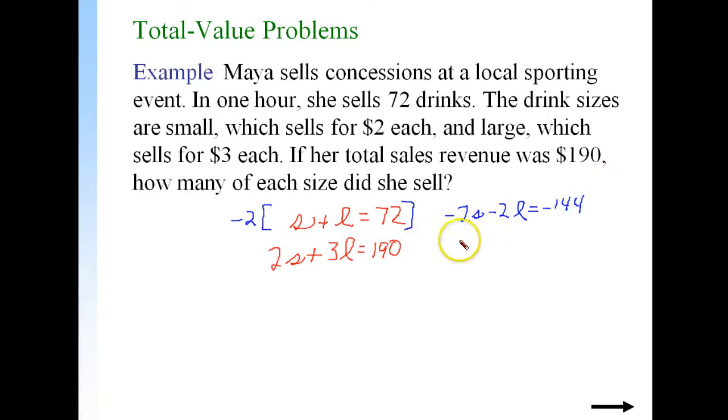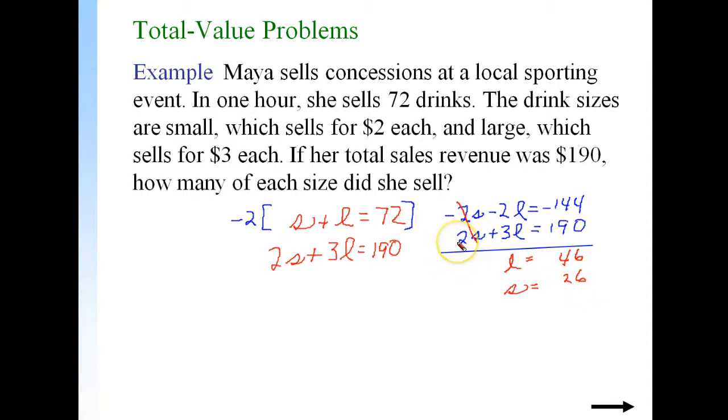So now when we copy equation 2 underneath it, so when we do our subtraction, this column cancels out. Here I'm left with an L, and I'm subtracting 144 from 190, so I get 46. I subtract 46 from 72, and I get 26.